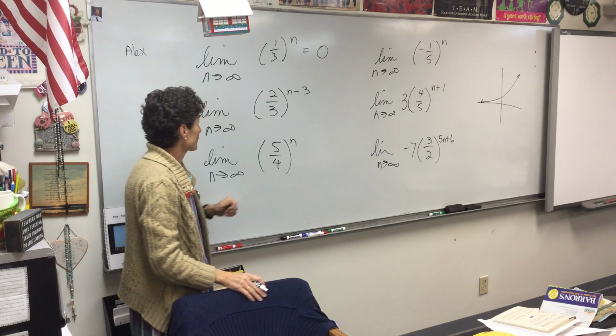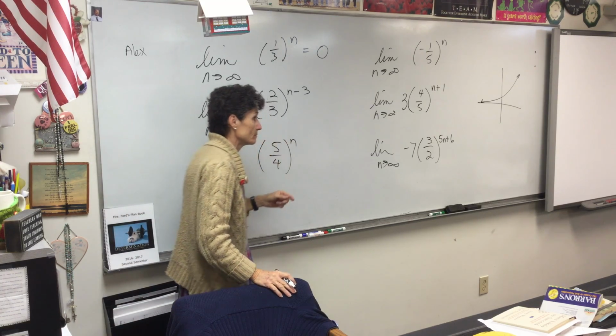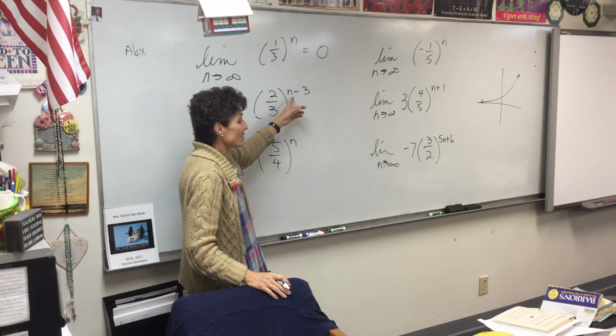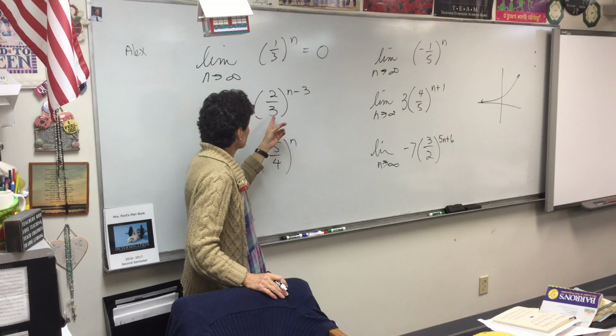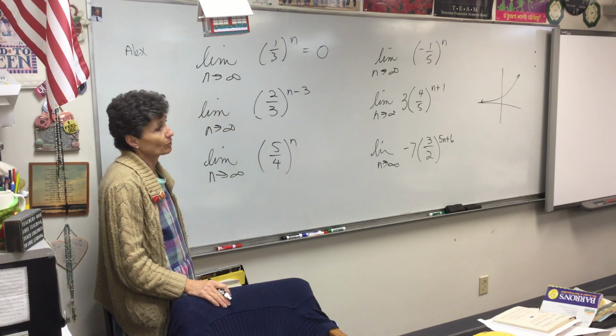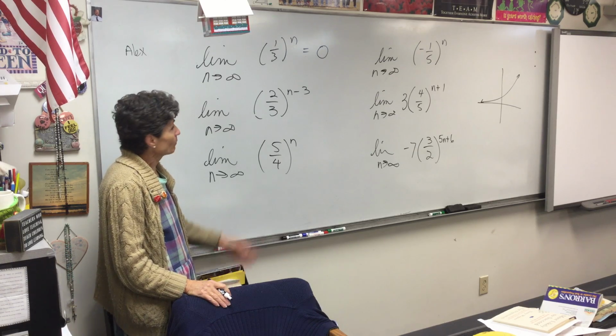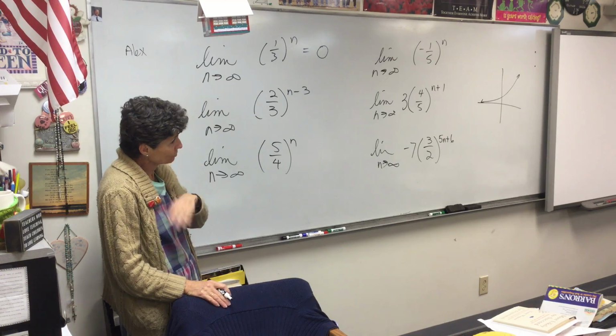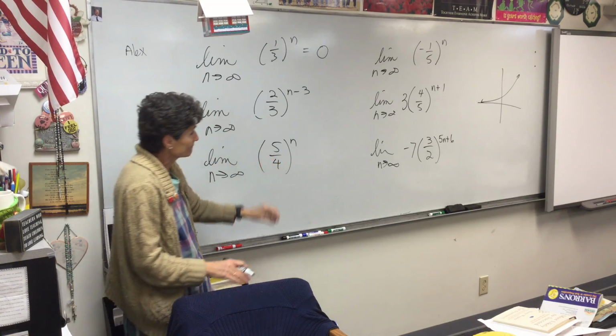Yes. What about this one? Same thing. Because if you let n be 1,000, aren't you raising 2/3 to the 997th power? That's still a really big power. And what happens when you keep multiplying by 2/3, 2/3, 2/3? Don't you get smaller, smaller, smaller?